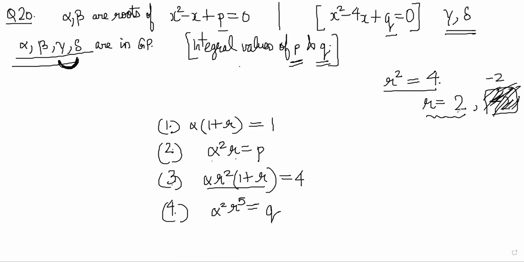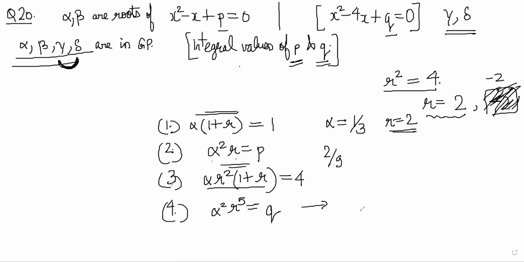So if R is 2, then alpha you can get from here. Alpha is coming as 1 by 3. So now P is simply alpha square into 2, so 2 by 9. Alpha square is 1 by 9 into 2, 2 by 9.